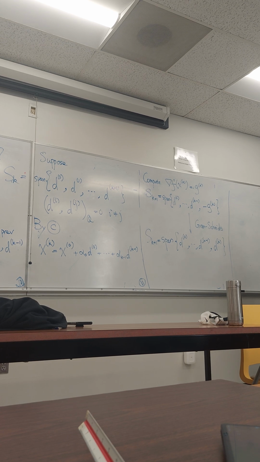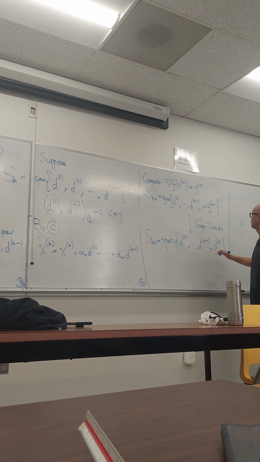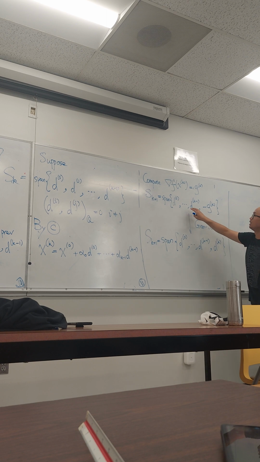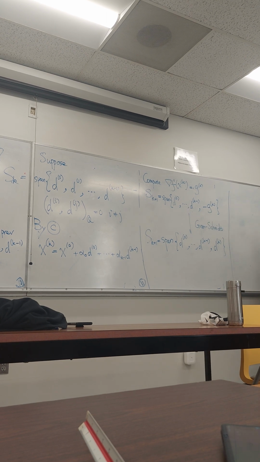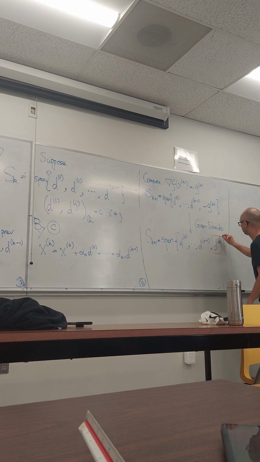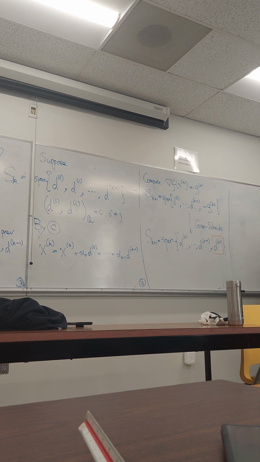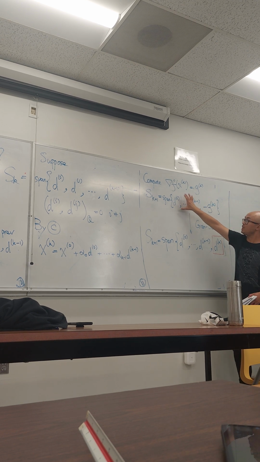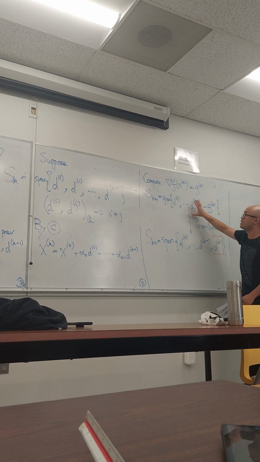So how to do Gram-Schmidt? This is a vector, still a vector in this subspace, right? So this is the subspace with a basis we know.